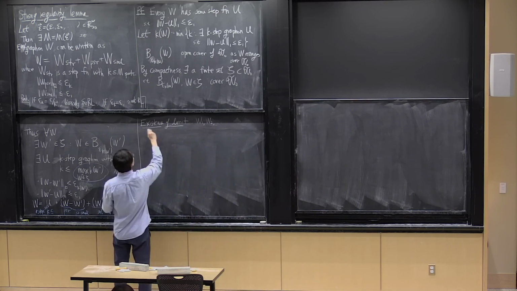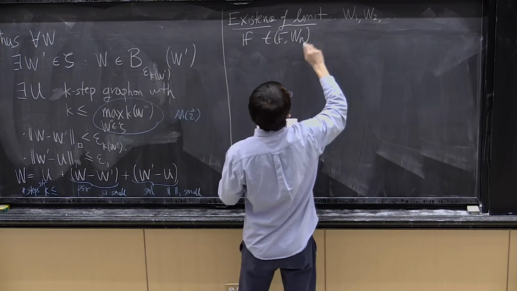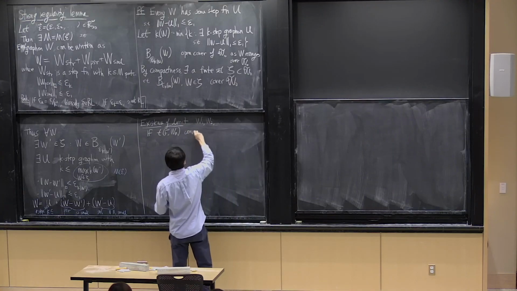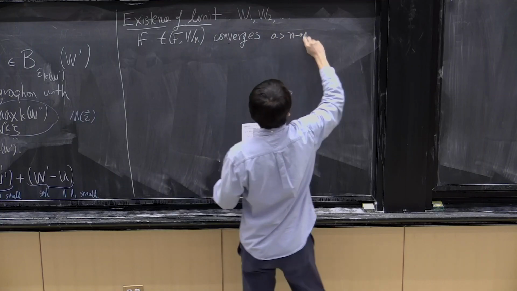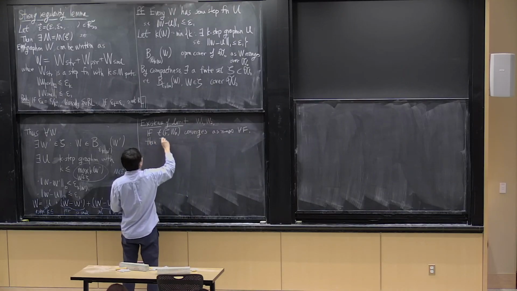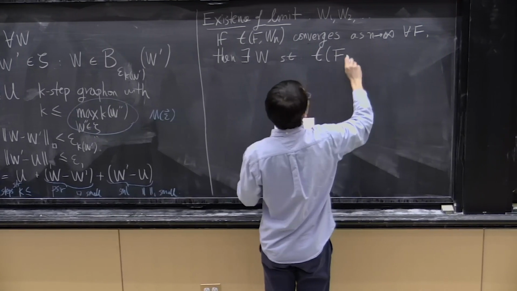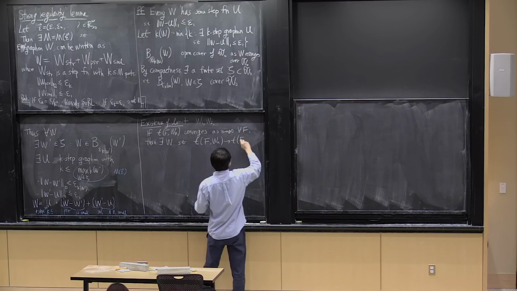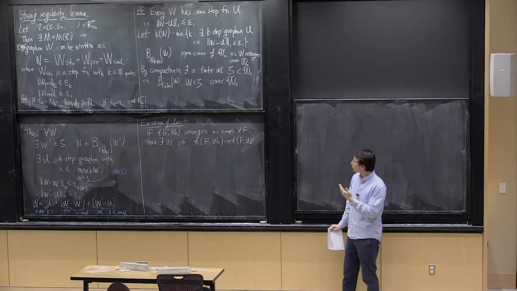And the claim is that if this sequence of F densities converges for each F, then there exists some limit W such that all of these sequences of F densities converge to the limit density. Okay, so that was the claim.